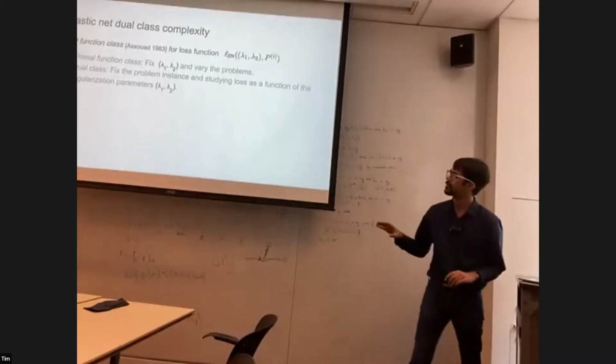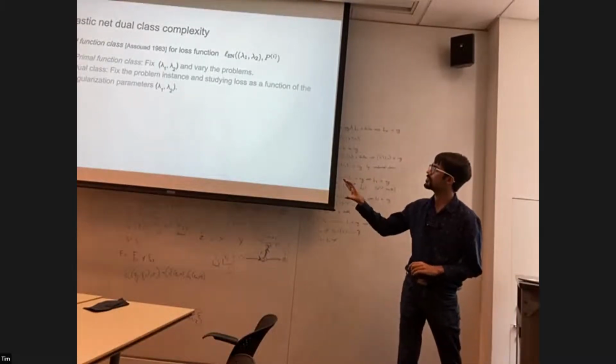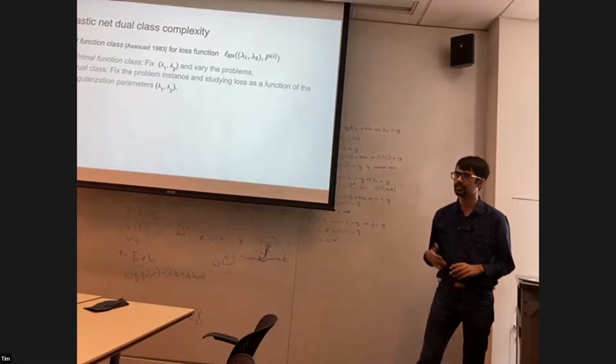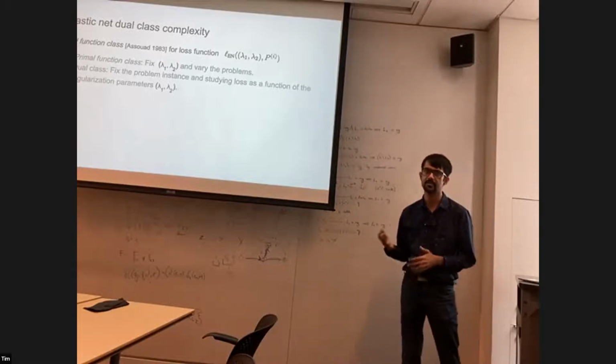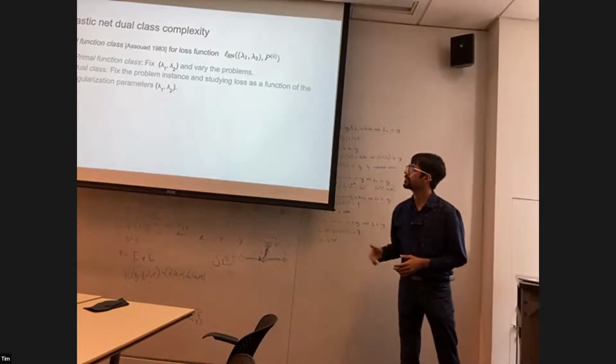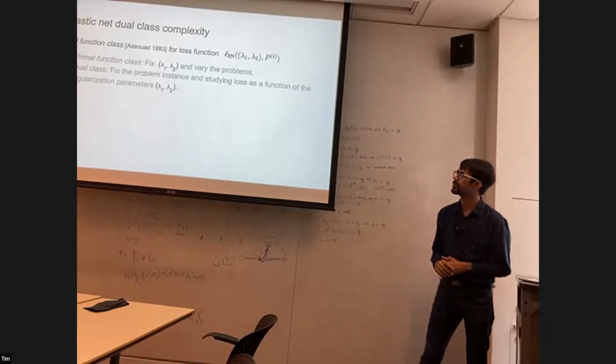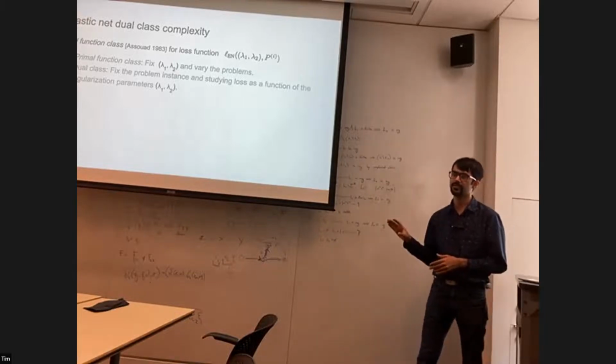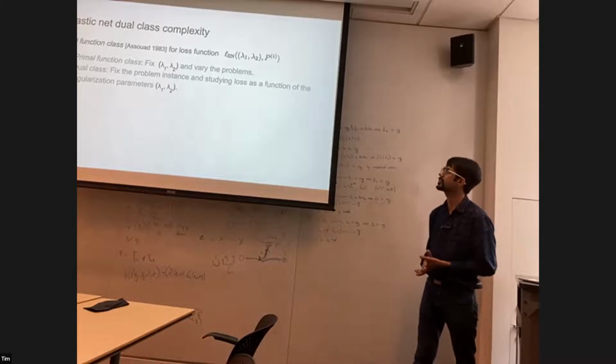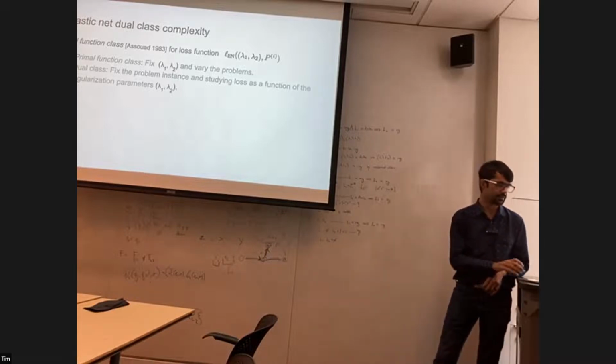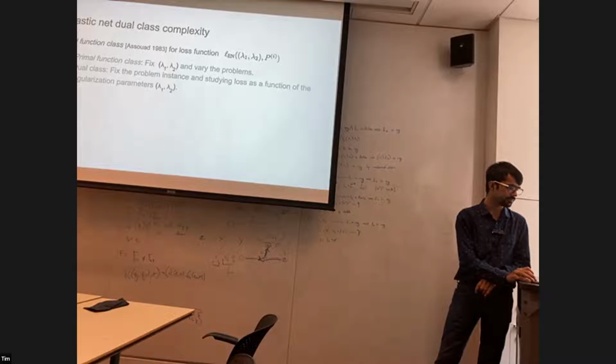So we can define a primal function class if we fix lambda and lambda2 and we vary the problem. That's typically the function that people have studied before, and it's a hard function to study. But in this talk, we'll look more at the dual class. So we'll fix a problem instance, and we'll see what the complexity of the loss function can be as we vary the parameters, lambda and lambda2.